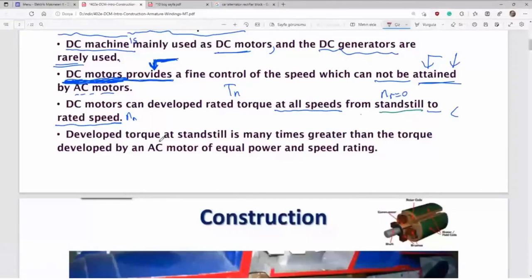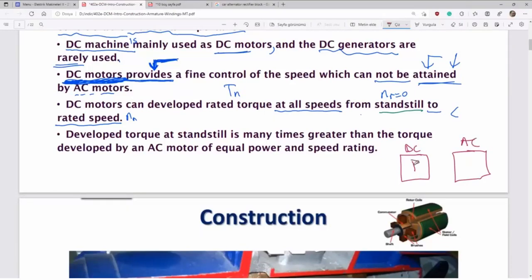Developed torque at standstill is many times greater than the torque developed by an AC motor of equal power and speed rating. Okay, it means here we have a DC motor, let's say. Here we have an AC motor.